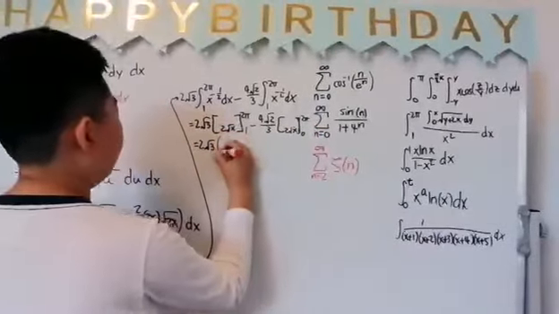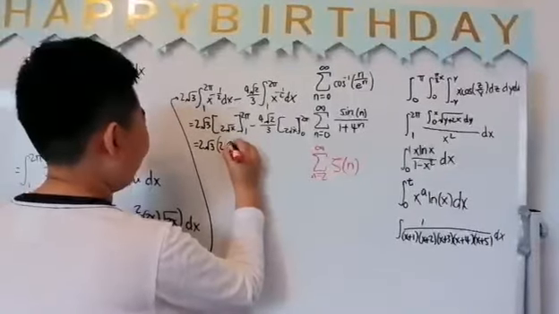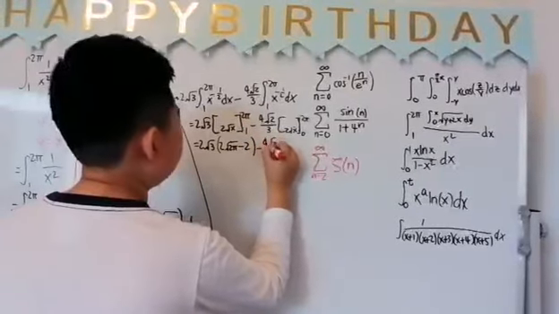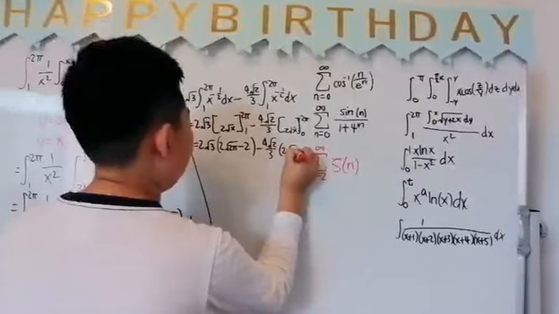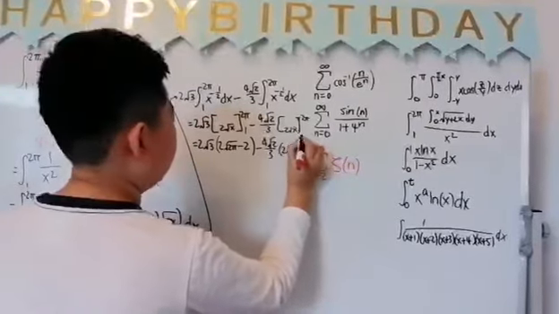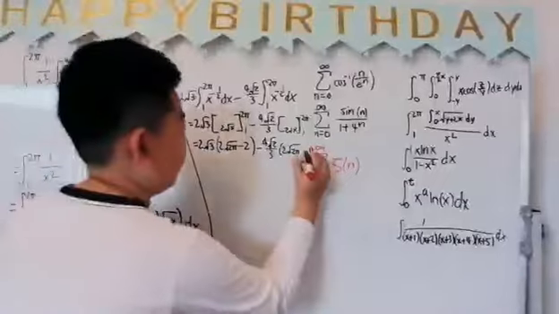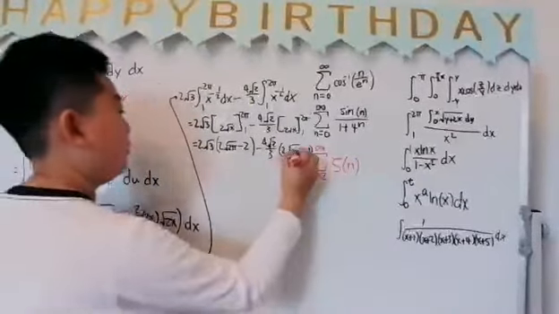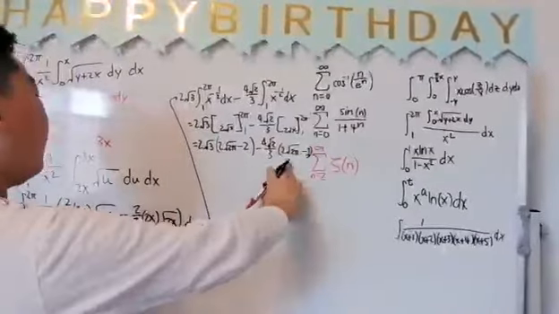Alright, so this is going to be, oh my God, 2 root 2 pi minus, this is just 2, and then you're going to subtract 4 root 2 over 3, 2 root 2 pi minus, and then plugging in 1, we get 1. Okay, actually, no, we get 2. Okay, so let's see here.